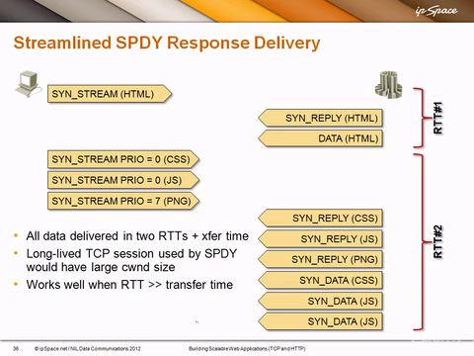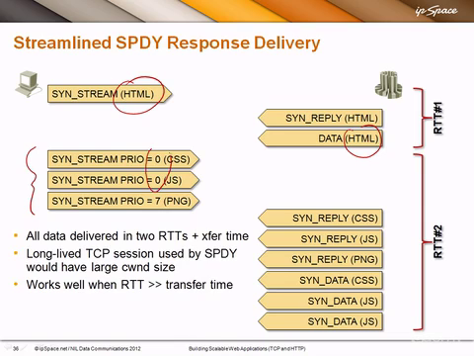And here's an example of how the streamlined Speedy would work. So you first request the HTML page, you get the reply with the data, you parse the data, and then you ask for all the resources in parallel. Everything you need on that web page, you ask in parallel.